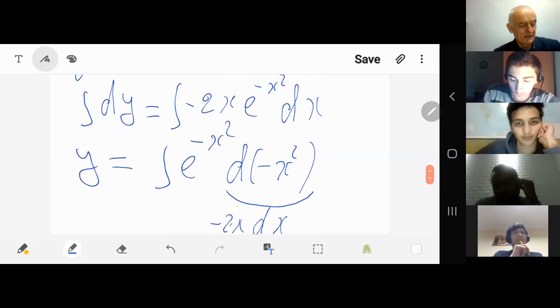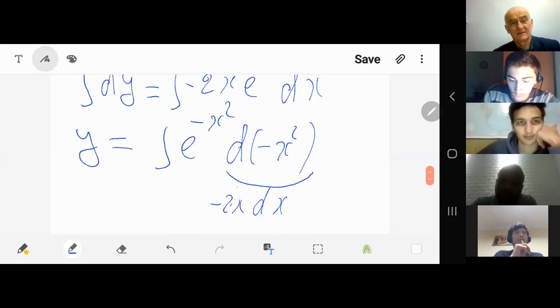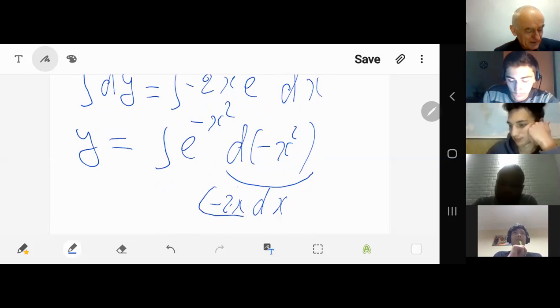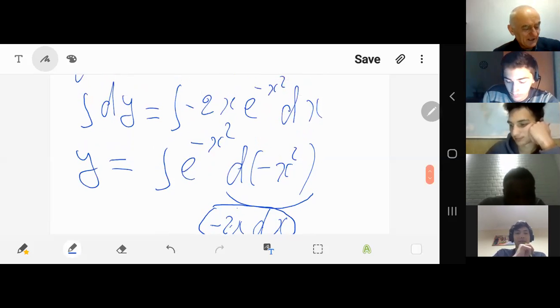Now compare to our example. Absolutely the same. So d of minus x squared is the same as minus 2x dx, and here I have absolutely the same, minus 2x times dx.